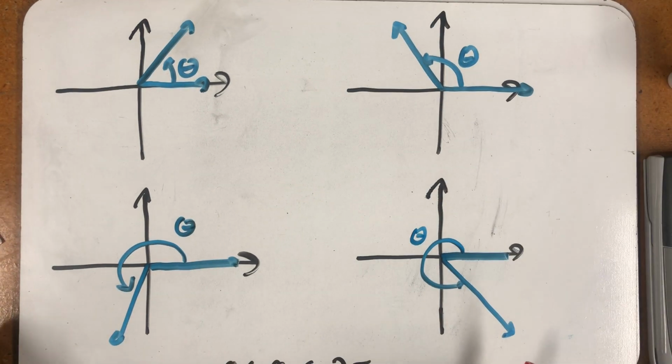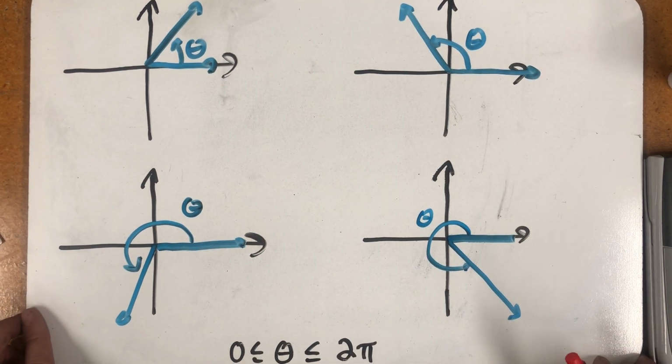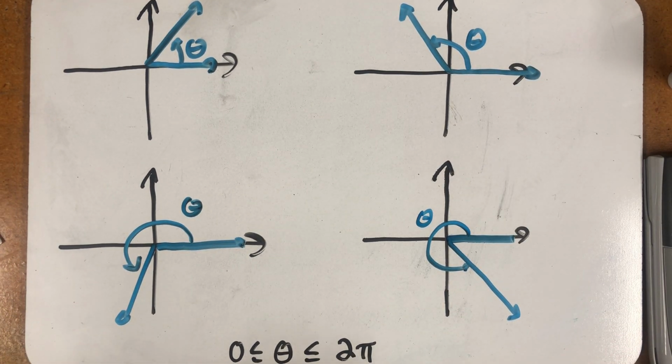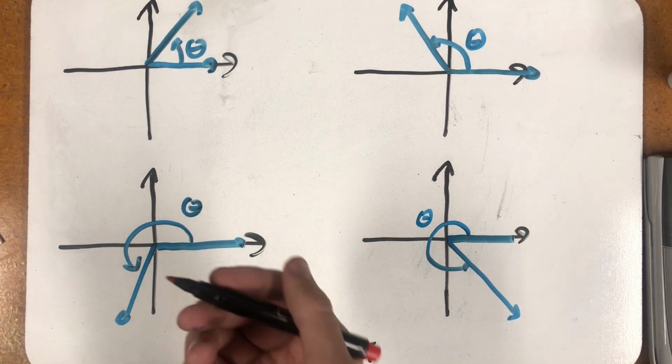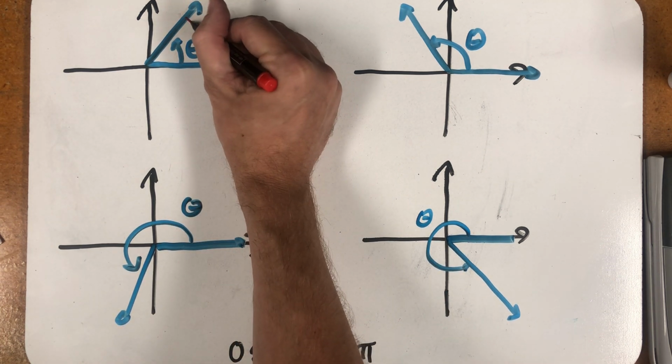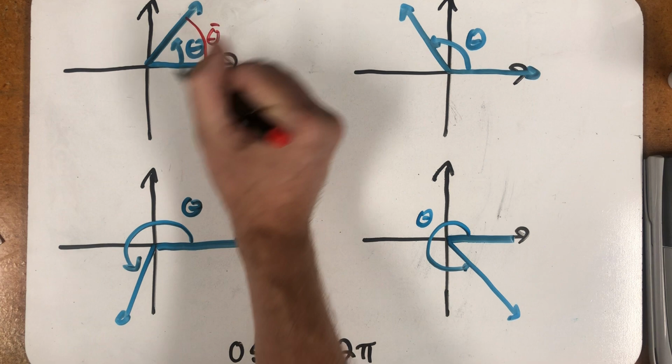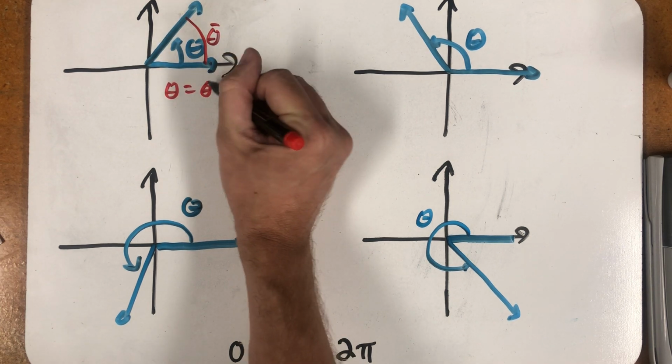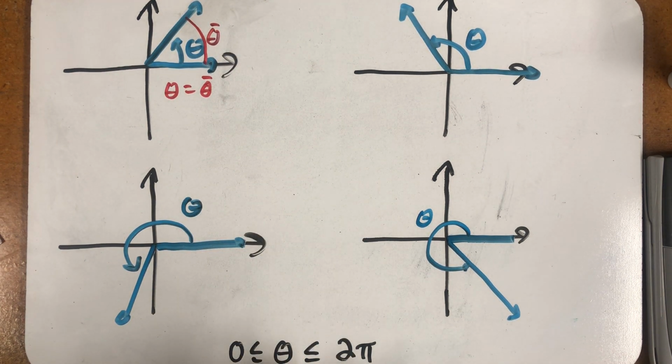So I have four angles drawn here, and I'm imagining that these angles live on that first full revolution. My angle is between 0 and 2 pi. And here I have a nice, happy first quadrant angle on that first full revolution, and the reference angle is supposed to be the positive acute angle between that terminal side and the x-axis, which means that a first quadrant angle on that first full revolution is its own reference angle.